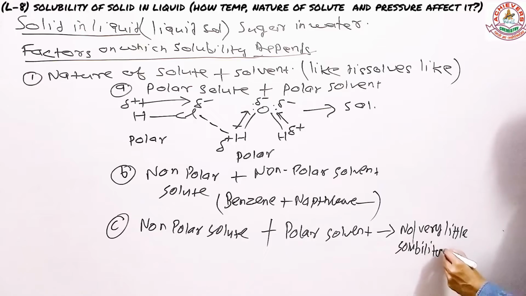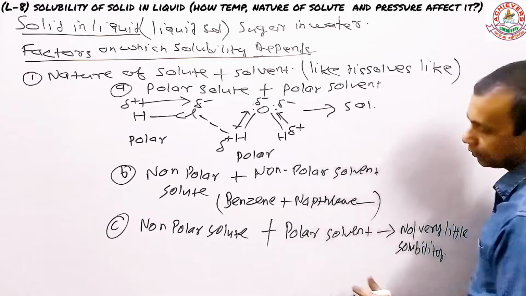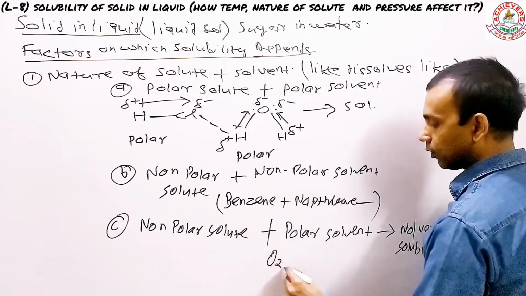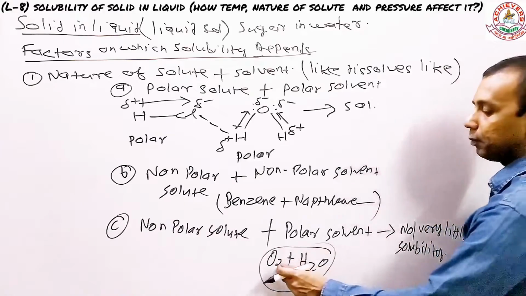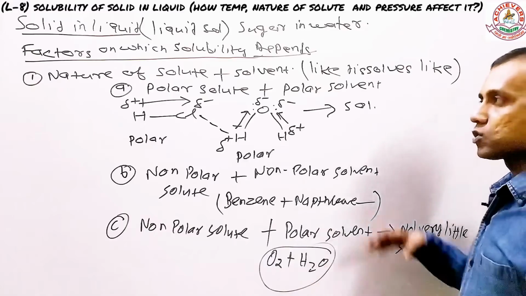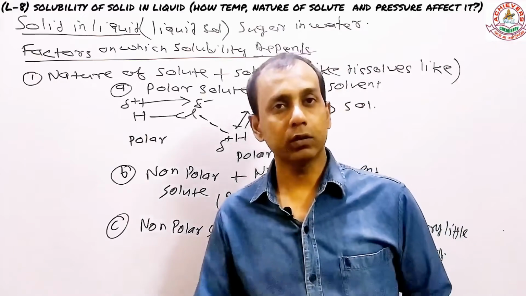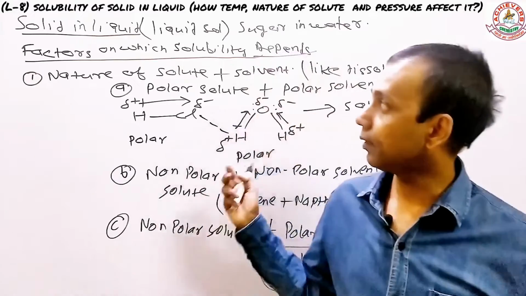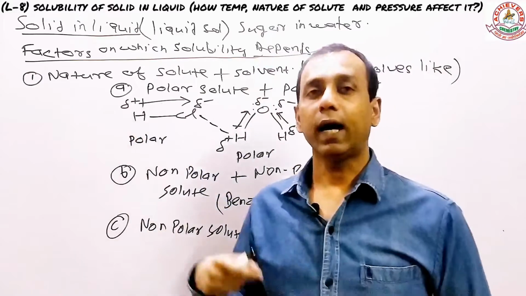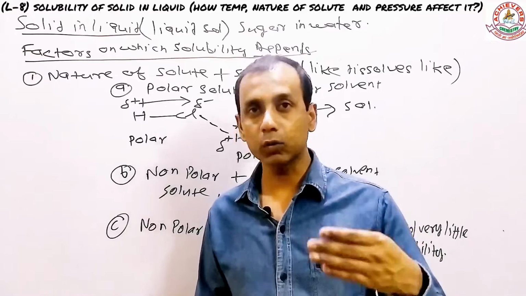And the example is, I just told you a short while ago, oxygen plus water. So this is an example where the solubility of oxygen is very, very small in water. So solubility of solid in liquid depends on the first factor, nature of solute, and then it's the temperature, which I am about to explain to you, right?